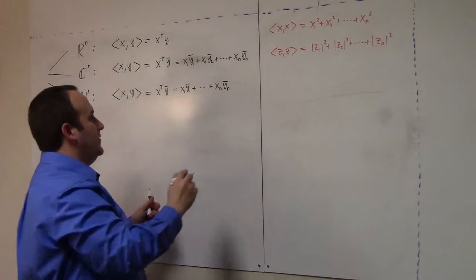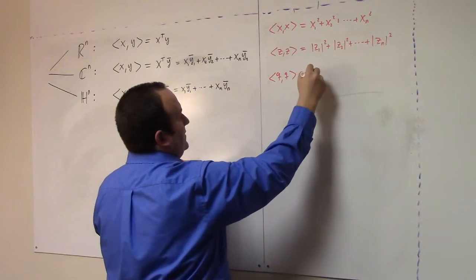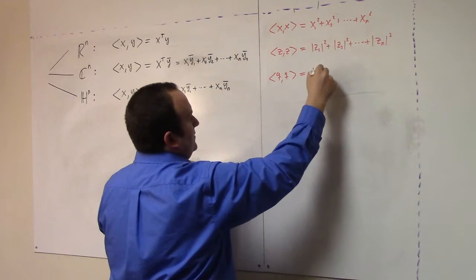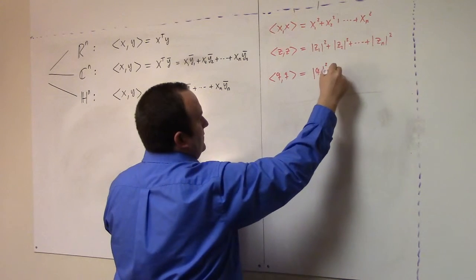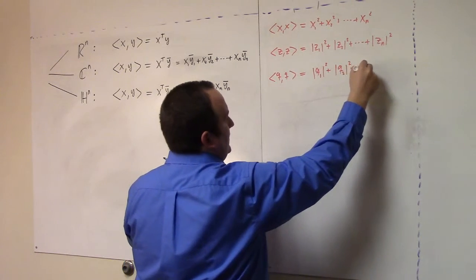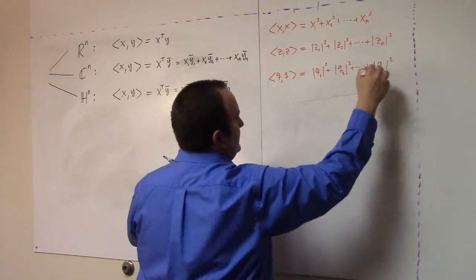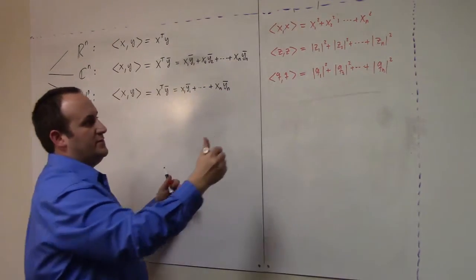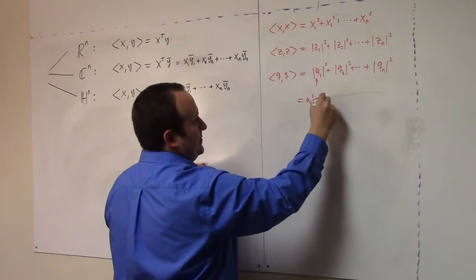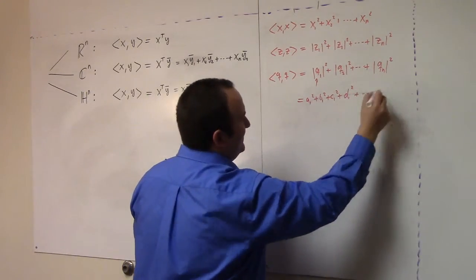And the same with the quaternions down here, q with q, you're going to get the quaternionic modulus, where of course these are what? If you look at the quaternions in real notation, this one might be, say, a1 squared plus b1 squared plus c1 squared plus d1 squared, and so forth.